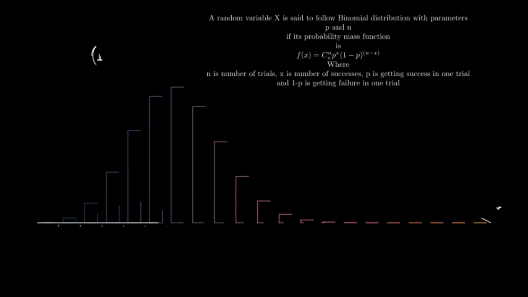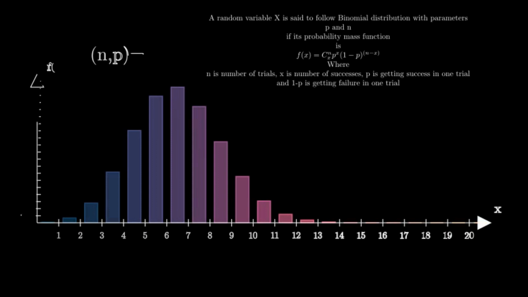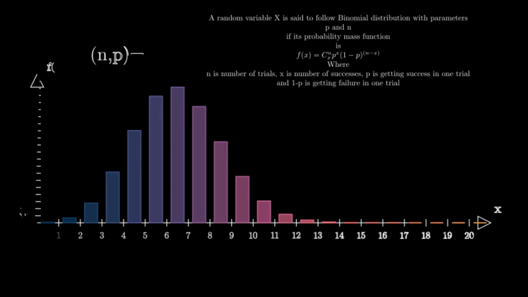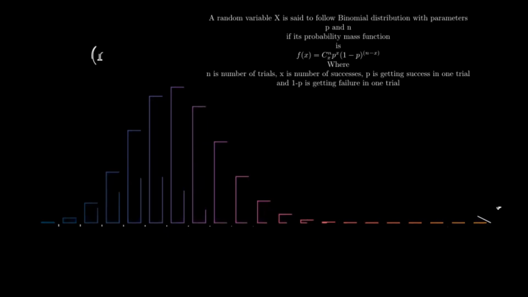So if you plot the graph of the probability mass function, here the value of n is 20 and p is 0.30. So you will get this type of graph. It is a little bit skewed, and this topic we will discuss in the skewness and kurtosis section.